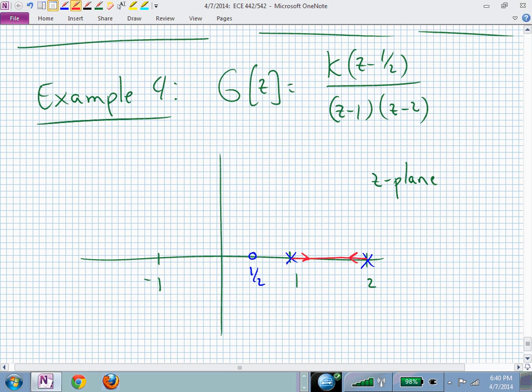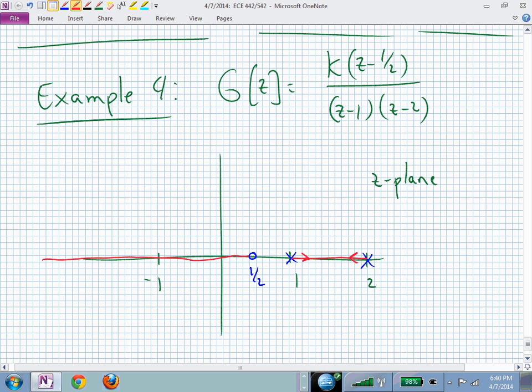We move to the left of 1/2. We go to the origin as a possible point, and we ask, how many poles and zeros are to my right? 3. 3 is odd. Oh boy, that's supposed to all be on the real line. Those are my real root locus segments.